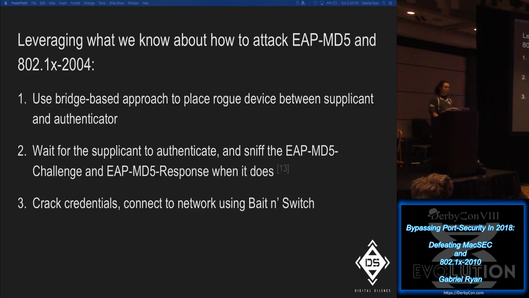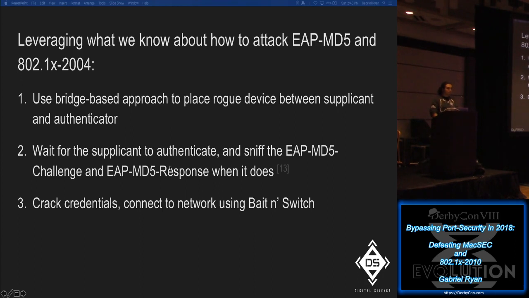So there's that. Leveraging all this information that we now know about how to attack EAP-MD5, and what we talked about for attacking 802.1x 2004, it gives us a pretty good approach for how you attack EAP-MD5 on a wired network.